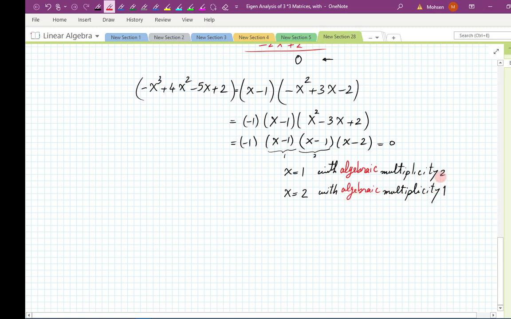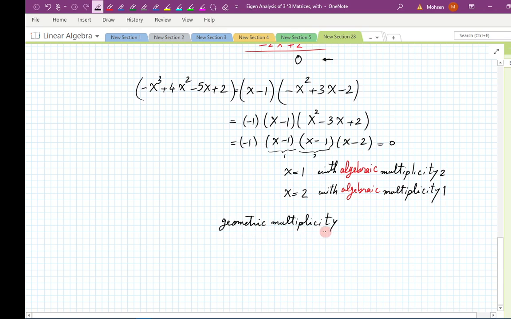Geometric multiplicity is at most equal to algebraic multiplicity, and at least it's equal to 1. So we are going toward another concept that's going to come up later, geometric multiplicity. That is how many linearly independent eigenvectors tie in to a particular eigenvalue.